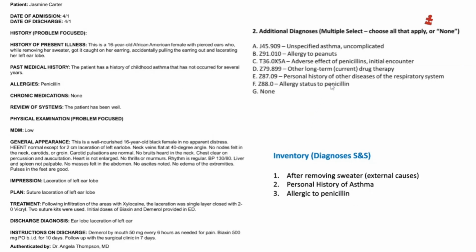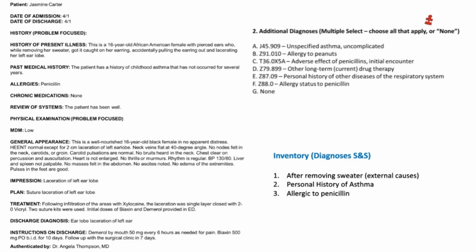So she has a personal history of asthma. Now, coders, when we're coding these personal history codes, you only code things that are pertinent to your encounter, right? So somebody might say, well, personal history of asthma is not pertinent. Personal history of asthma will always be pertinent.